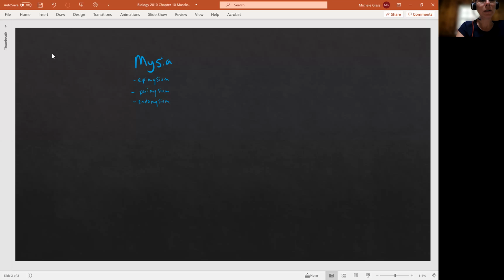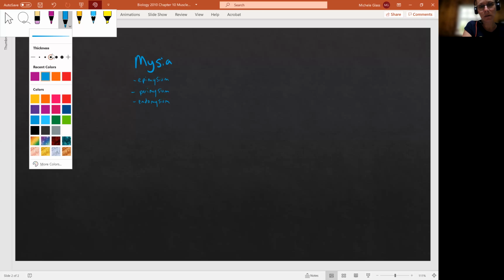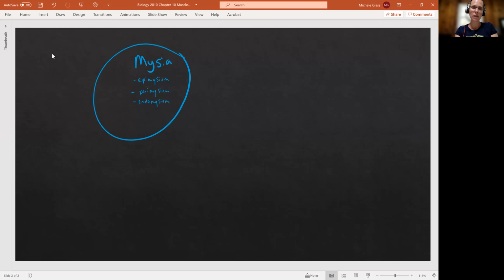So we're going to see these connective tissues, the mysia, the epimysium, perimysium, and endomysium, connecting into the tendon. So the mysia is going to connect into the tendon. And we've talked about the tendon as connecting muscle to bone. If our tendon is flat, it's called an aponeurosis.